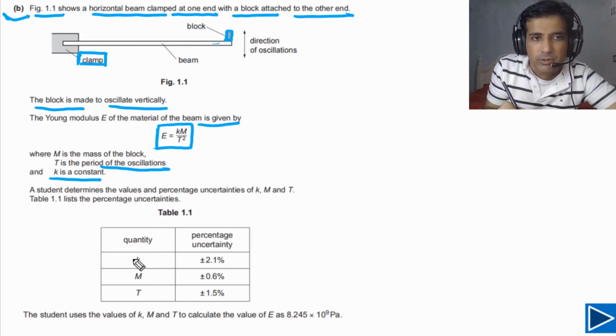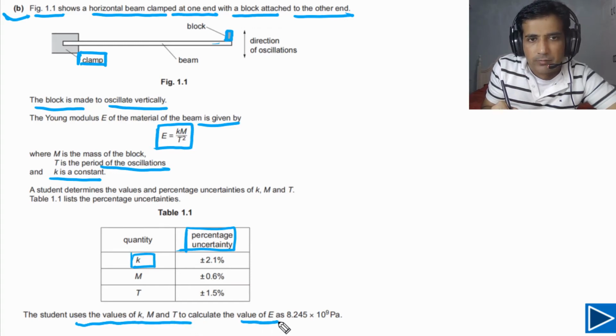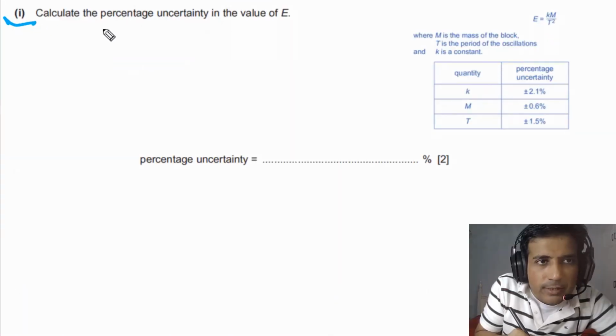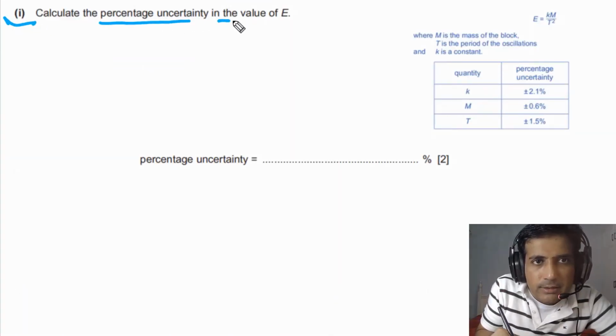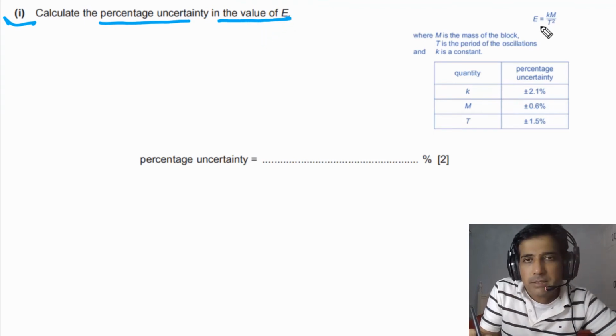In this table, you can see we have quantities and the percentage uncertainties are given. The student uses the values of k, m and T to calculate the value of E, and the value of E is also given to us. We will need this value later. For part B1, we need to calculate the percentage uncertainty in the value of E. E is given to us. E is equal to km over T squared. If you look at the quantities, these quantities are multiplied and divided.